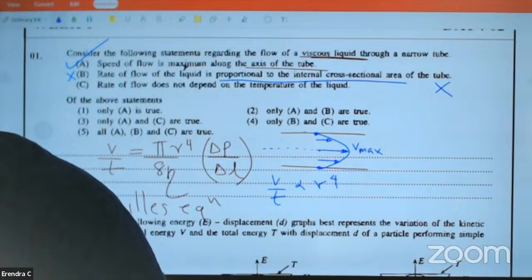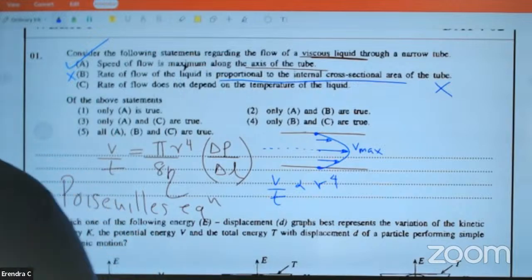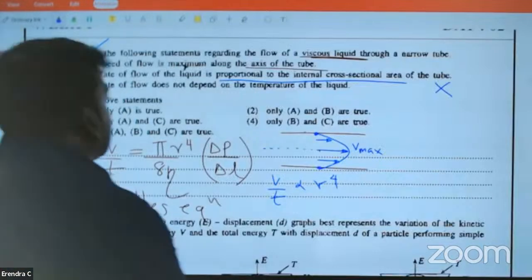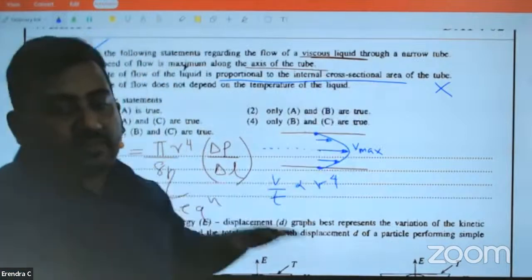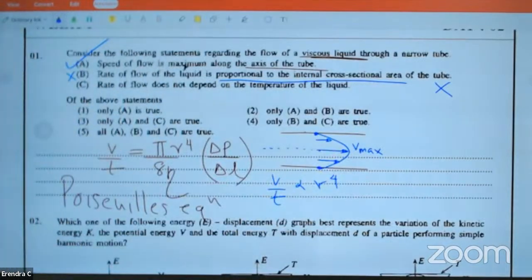Therefore, we cannot consider it to depend on the cross-sectional area.